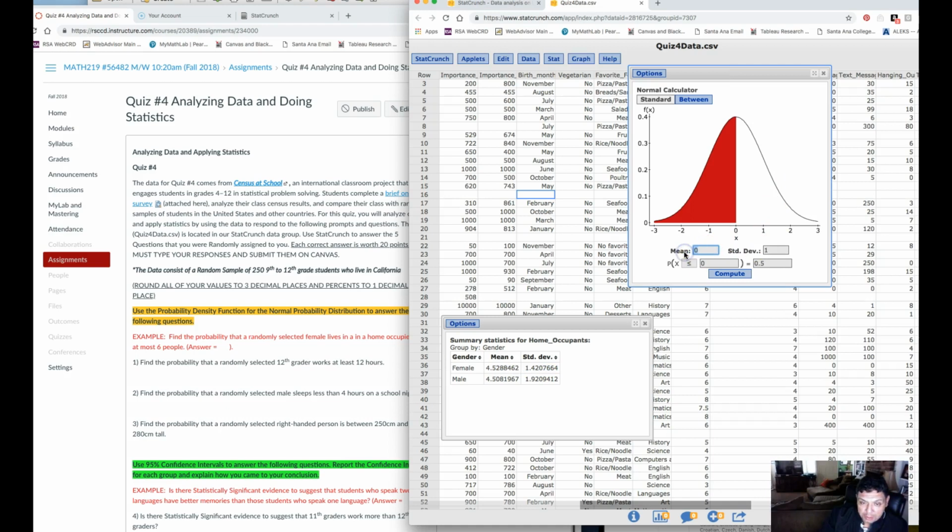I'm going to put the mean in here, using 3 decimal places, 4.529. The standard deviation is 1.421.